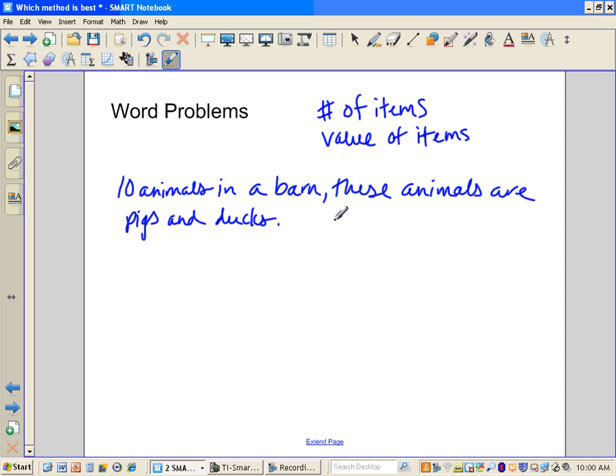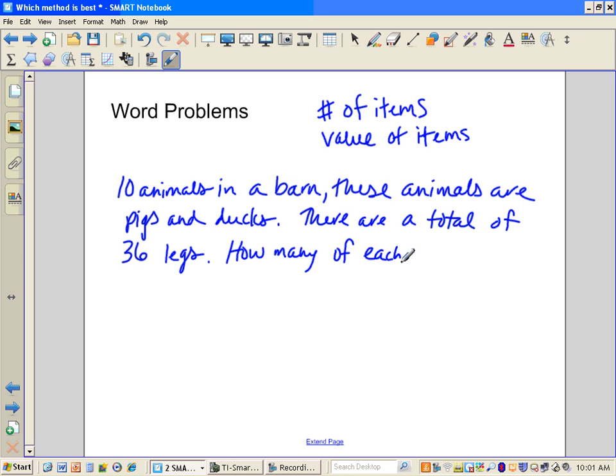Okay? And so we have 10 animals in a barn. These animals are pigs and ducks. There are a total of 36 legs on those pigs and ducks. How many of each animal are there?